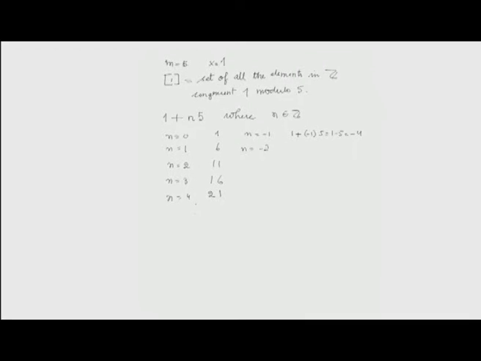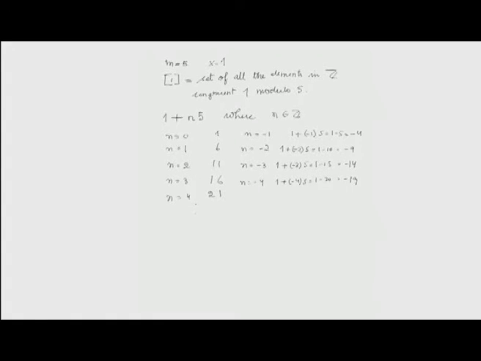When n equal to minus 2, this is 1 plus minus 2 into 5, this is 1 minus 10, this is minus 9. N equal to minus 3, 1 plus minus 3 into 5, that is 1 minus 15, which is equal to minus 14. N equal to minus 4, 1 plus minus 4 times 5. So, this is 1 minus 20, so I get minus 19. A part of this listing we have already seen in the previous slide.